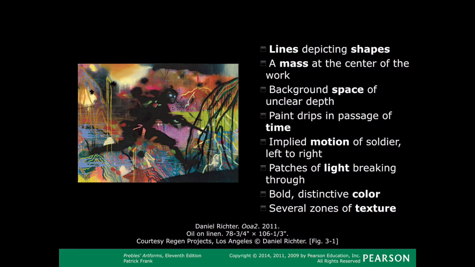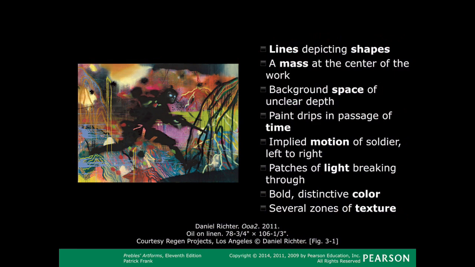You can say that it adds an element of time in that the drip is created and the artist allows for it to go as far as it can go. There's also motion that you can see from the figure in the center, a very abstract figure.